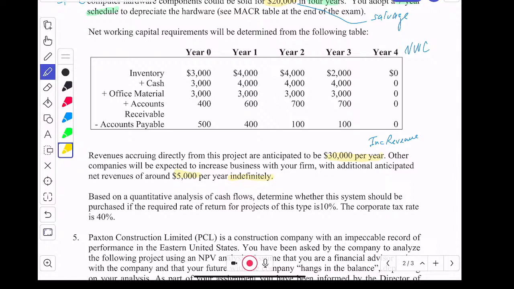What should we call that? Okay, so we'll call it a side effect. It's a positive side effect. And where will we put it? It will also be incremental revenue. It'll be additional incremental revenue, but it'll be incremental revenue.